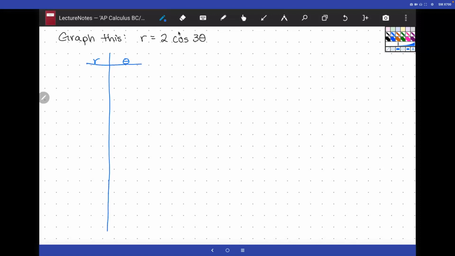All right. Now, because of that 3 theta, we're going to need a lot of points to see this. I mean, we can start with the basics. We can start at 0. Oh, but 0 for theta, sorry. If I put 0 in for theta, what does r equal? All right. I'm going to skip some spaces because I think we're going to need some stuff in between. If theta's pi over 2, what's r? Yep.